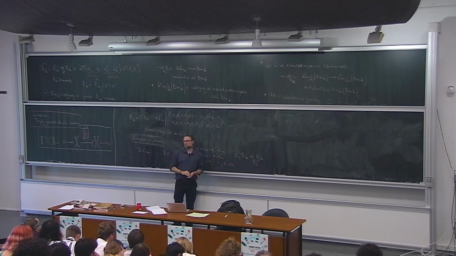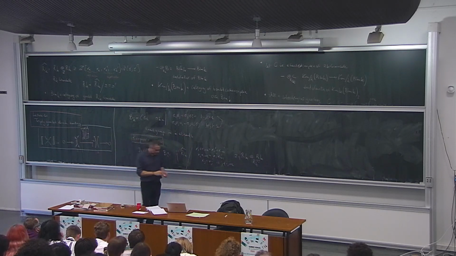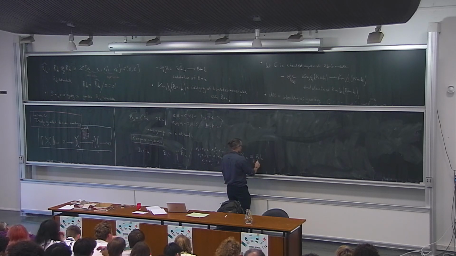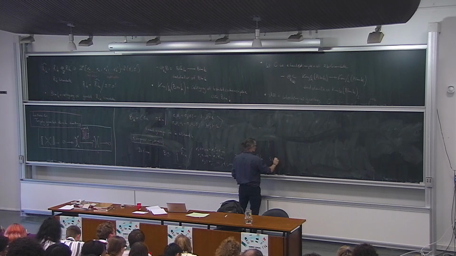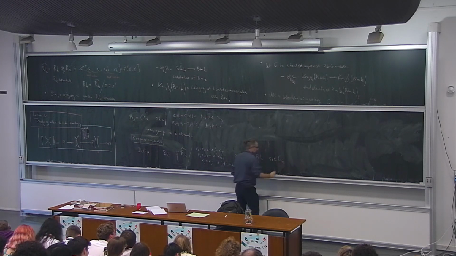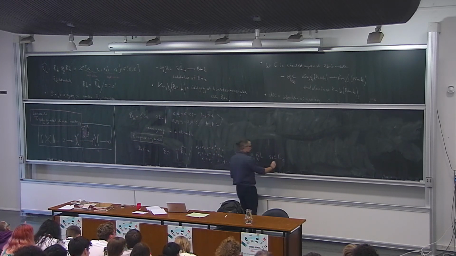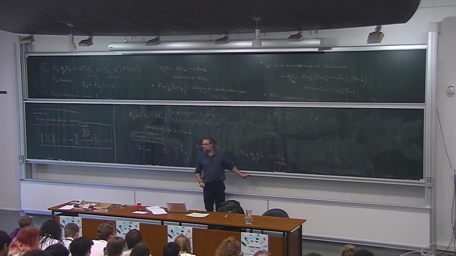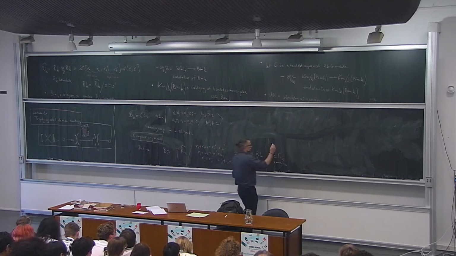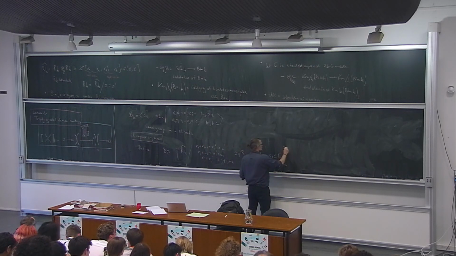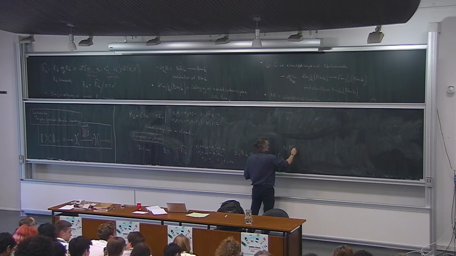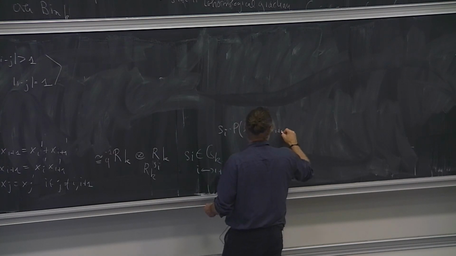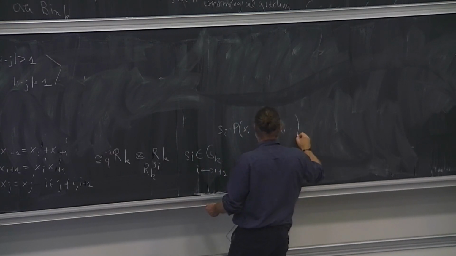Good? Yes? So s_i, okay, let me say, s_i is a transposition of the symmetric group on k letters. And it does act, I mean, s_i of P(x_1, ..., x_i, x_{i+1}, ...) I hope this is clear.